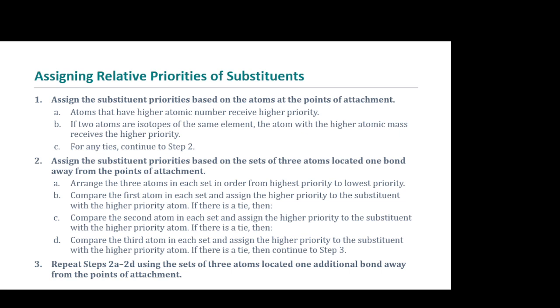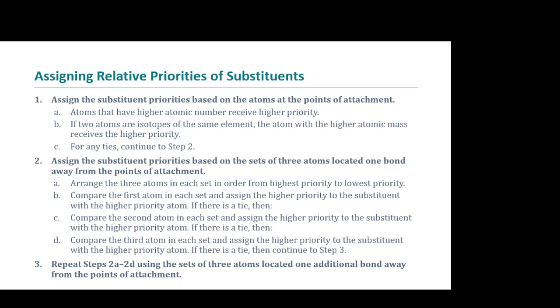Carbon-13, right? The higher atomic mass. For any ties, we're going to have to go to the next step. Now, this is going to be a repeat thing where we're going to go out, out, out repeatedly, okay? At the same rate.